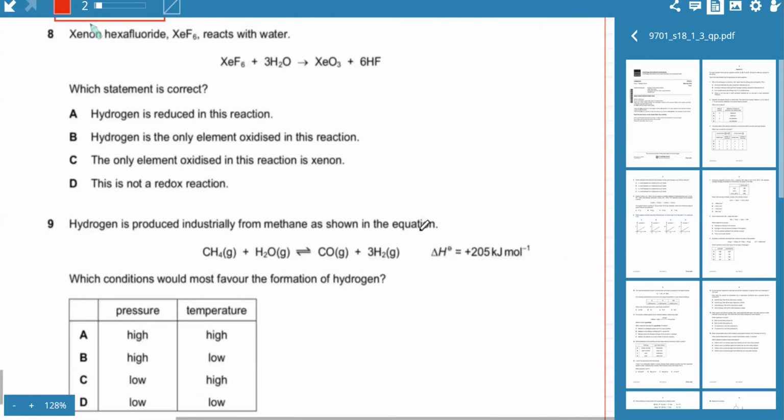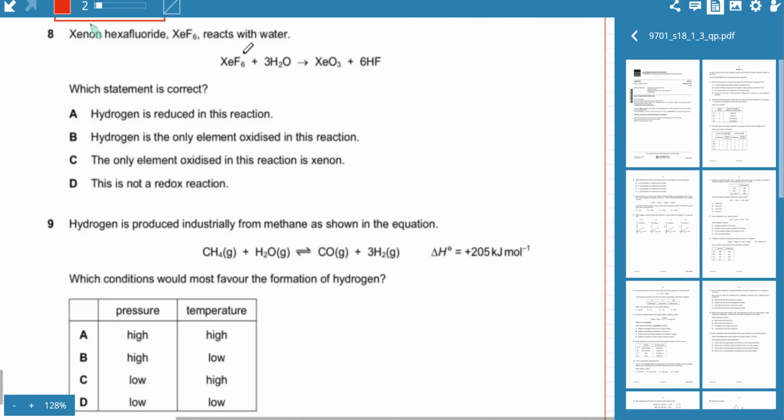Now the next one is there's XeF6 and it reacts with water. Which statement is correct? Hydrogen is reduced in this reaction. So is it getting reduced? There's H which is +1 and there's H which is still +1. So nothing is happening to it. And I think it's not a redox reaction in the first place because Xe is +6 over here. Fluorine is always -1.